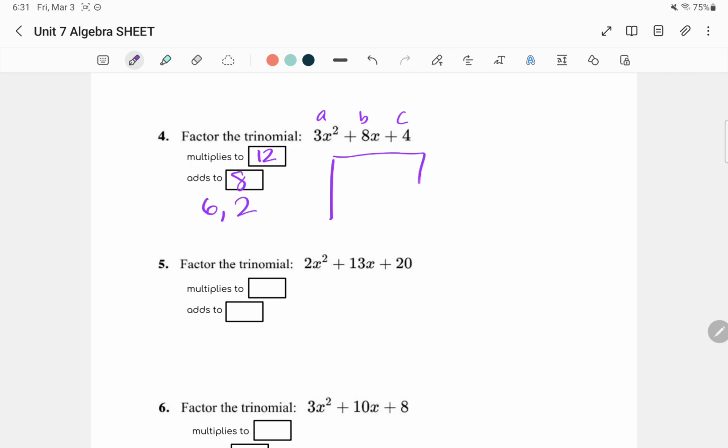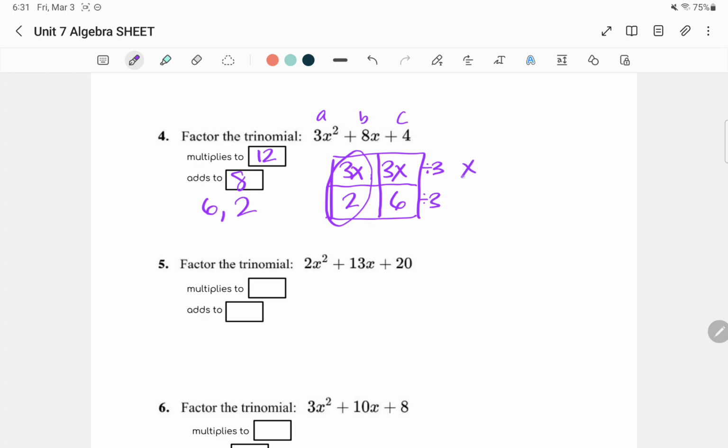So my window pane has 3x at the top and 6 and 2 on the bottom. I'm going to put 2 here and 6 here because I'm going to simplify to the side. So this one cannot be simplified. This one can be. I'm going to divide by 3.